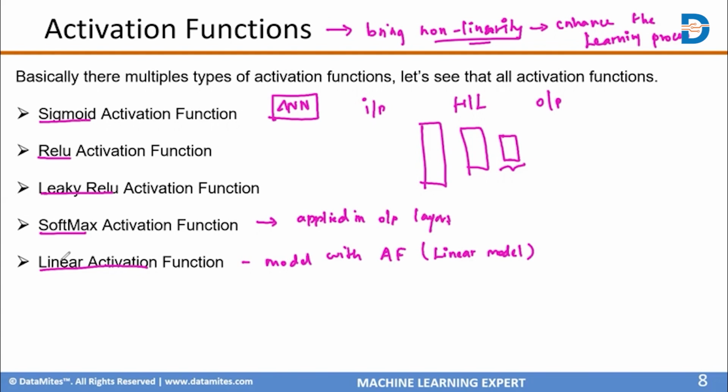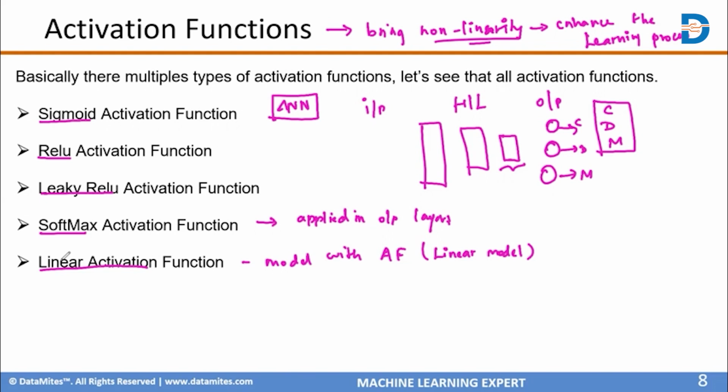Suppose we have three different images like cat, dog, and monkey. These are the three images that we are going to categorize depending upon the inputs that we provide. So we have three different labels, right? In our output layer, we'll make use of three different neurons, separately for cat, dog, and monkey.